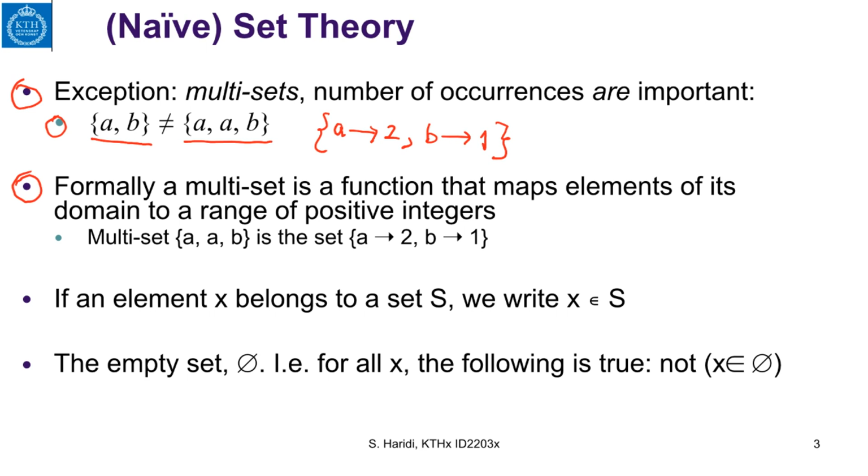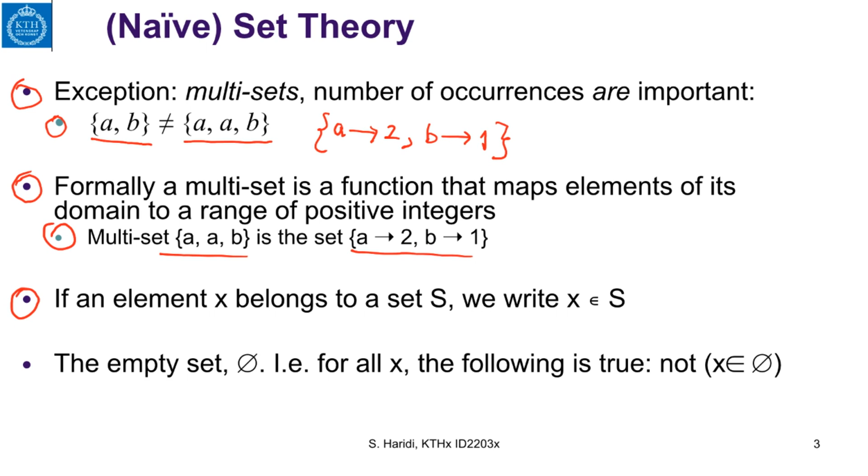Formally, a multiset is a function that maps elements of its domain to a range of positive integers. That's what we said. So the multiset A, A, B is that set that we just mentioned.